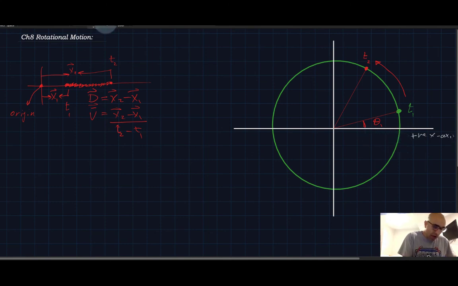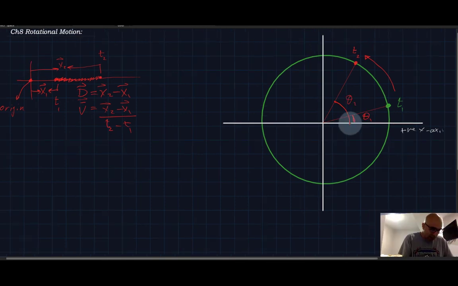So if I measure this position of the object this way from the positive x-axis, just like we started here from the origin and measured everything with respect to it, this is our reference level. I'm going to call this theta 2. Which one do you think is bigger, theta 2 or theta 1? Of course theta 2 is bigger.